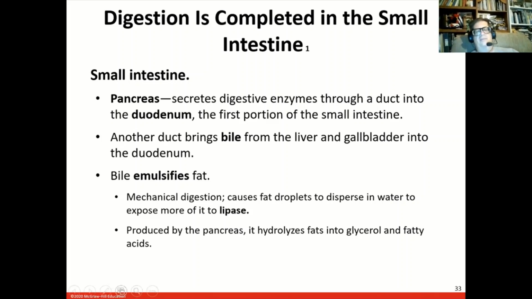And the name lipase should tell you, anything in ASE is an enzyme, so this is a lipid digesting enzyme. And it works better if you have more surface area. So the bile gives us more surface area by breaking the big drops into little drops of fat.